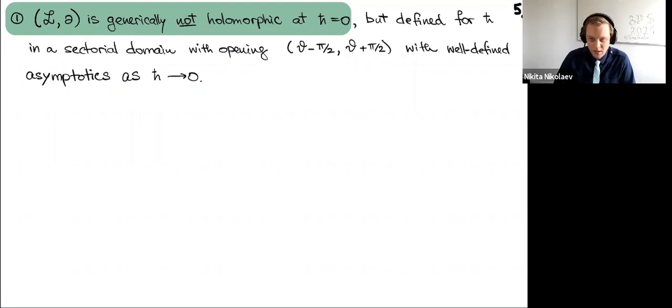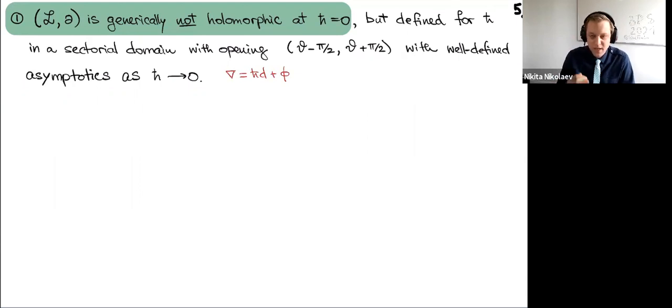So even if, as I said, my connection E nabla was algebraic in H-bar, say something as simple as nabla equals H-bar D plus phi, where phi is independent of H-bar, generically the abelianized connection is going to be not holomorphic at H-bar equal to 0.